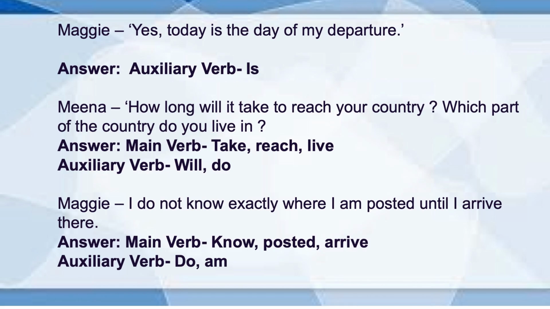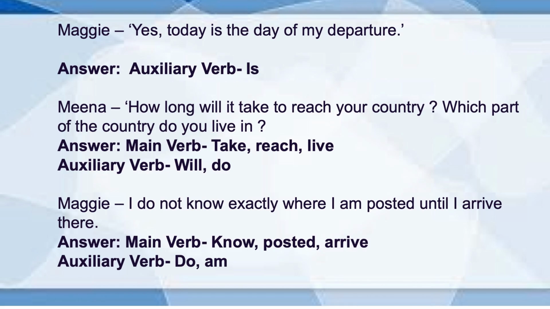Look at the next example. Meena, how long will it take to reach your country? Which part of the country do you live in? Now, which is the main verb and which is the auxiliary verb? The main verb in this particular sentence is take, reach and live, while the auxiliary verb is will and do. So, see children, how we are able to identify which is the main verb and which is the auxiliary verb.